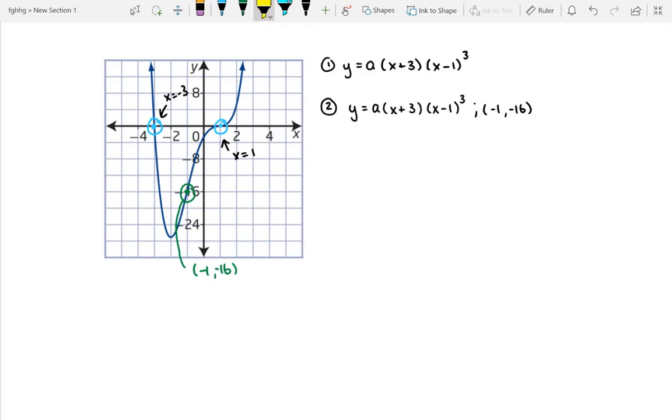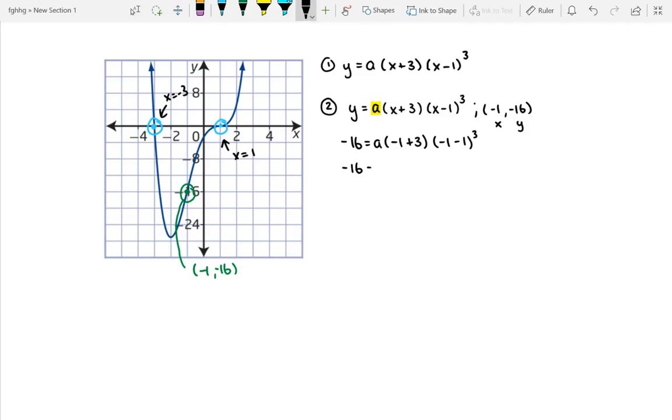All right, so our goal is to solve for this a value. So let's plug it in. Remember, this is my x, this is my y. So -16 equals a times -1 plus 3 times -1 minus 1 to the exponent 3.